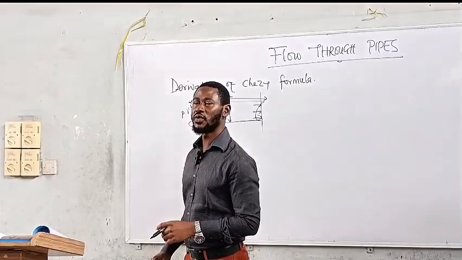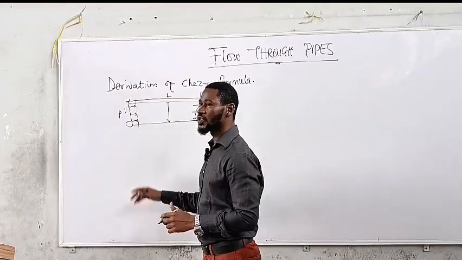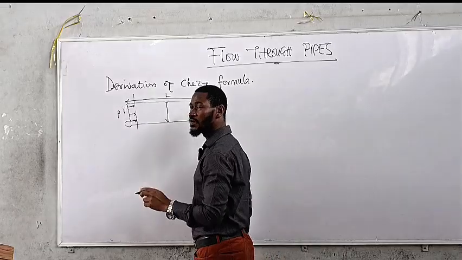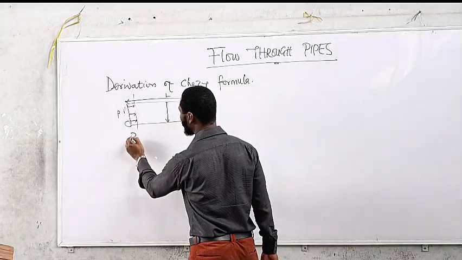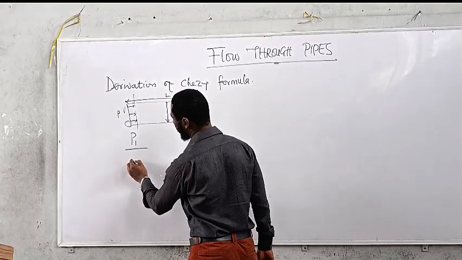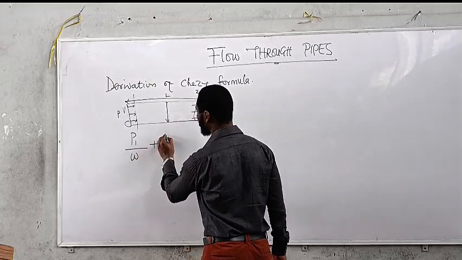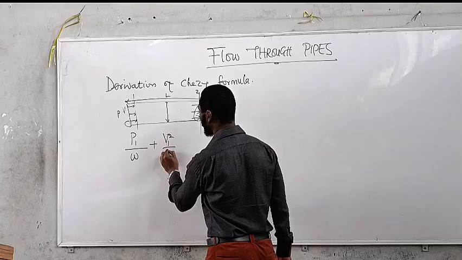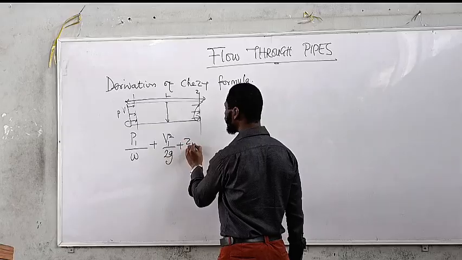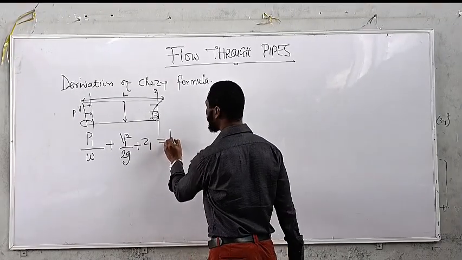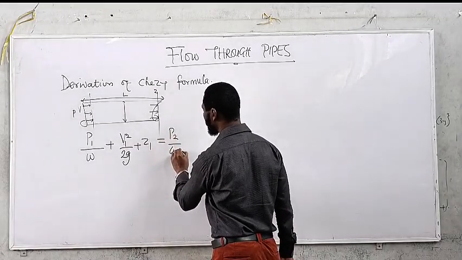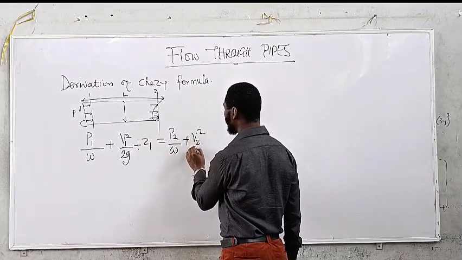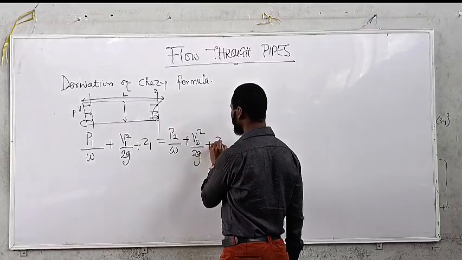Now we are going to apply the Bernoulli equation at state 1 and state 2. So the Bernoulli equation in the mathematical form is expressed as P1 over omega plus C1 V1 squared over 2G plus Z1 equals P2 over omega plus V2 squared over 2G plus Z2.